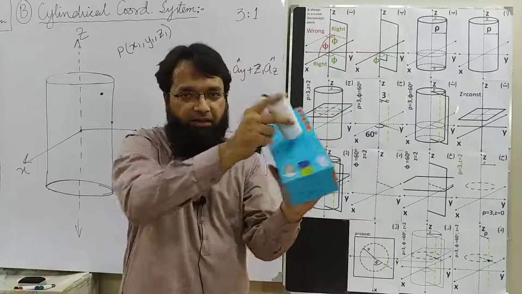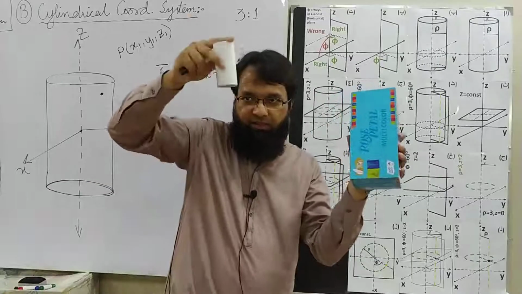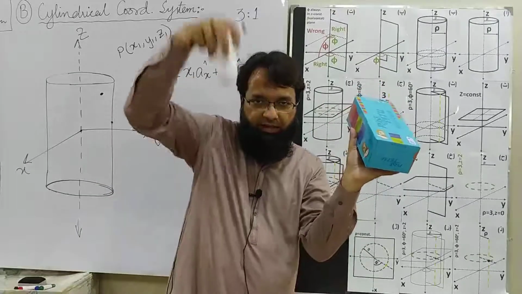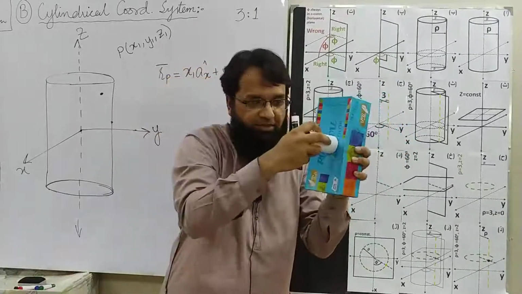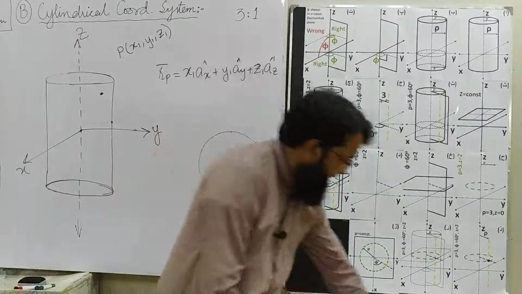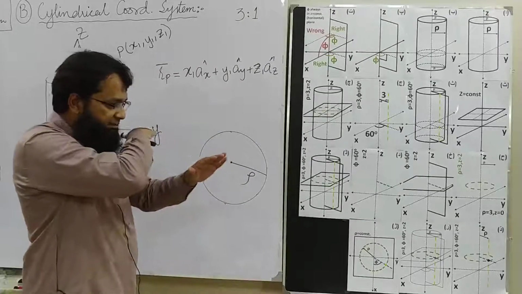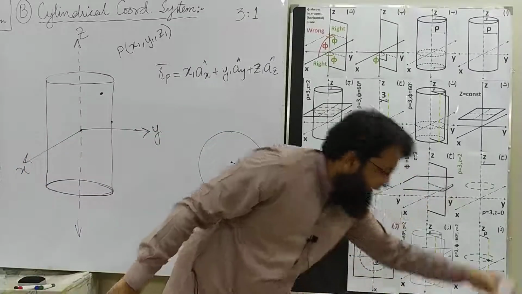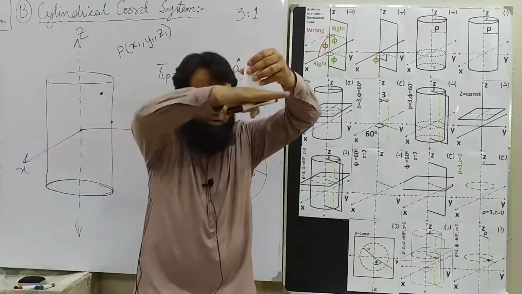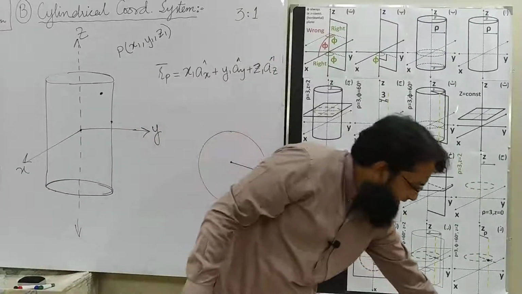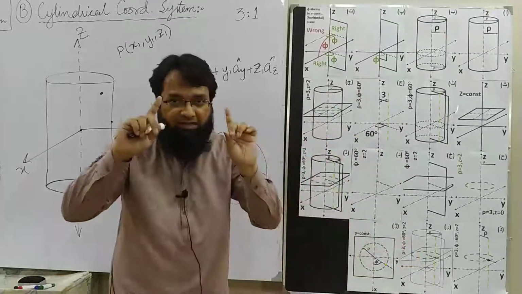I'll get a circle. If I dip this hollow cylinder in an ink pad and just press it here, what I'll get is a circle, obviously. So always remember the intersection of a cylinder with a perpendicular plane always gives us a circle.